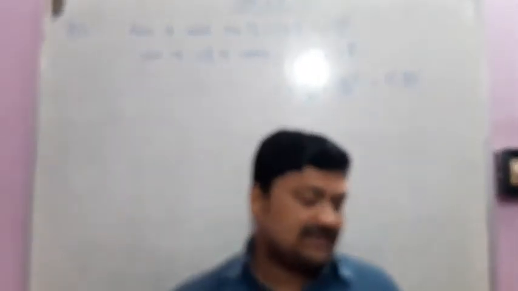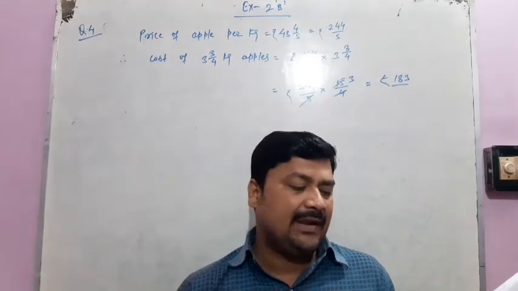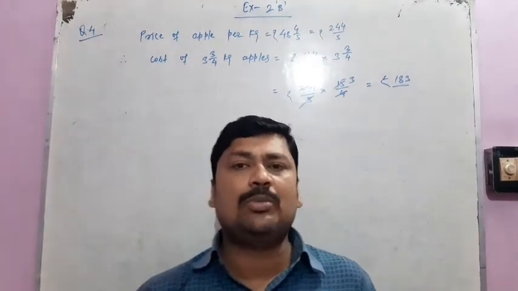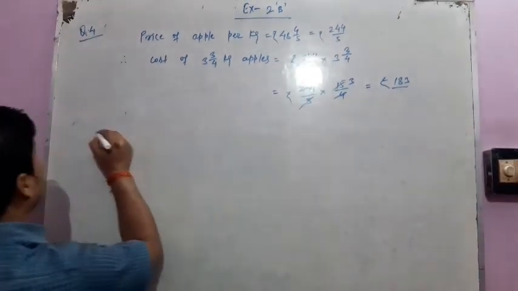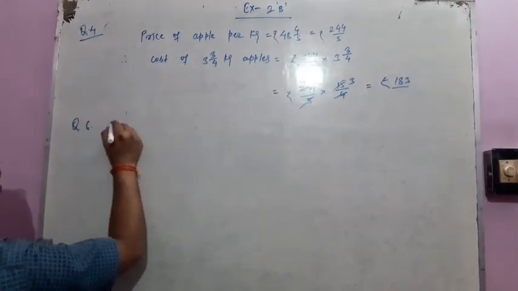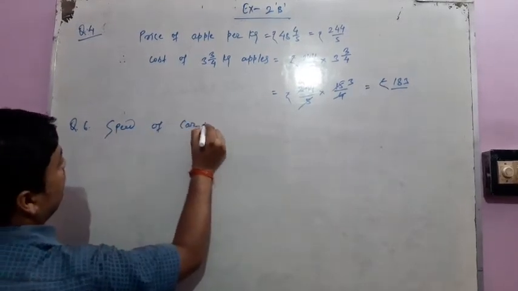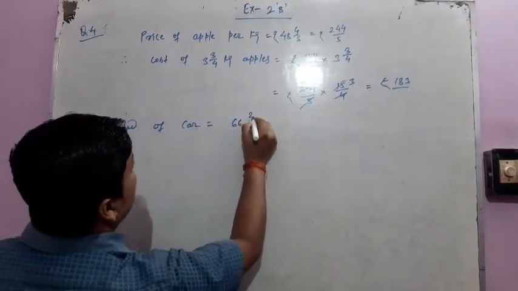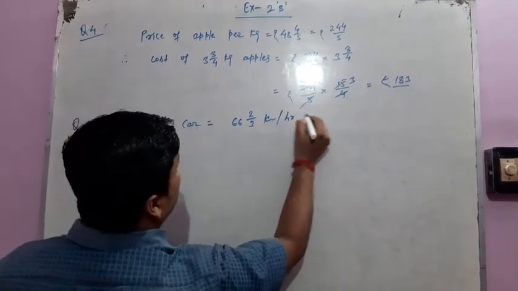Now question number 6. A car covers a certain distance at a uniform speed of 66 whole 2 by 3 km per hour. The speed of car, that is 66 whole 2 by 3 km per hour.